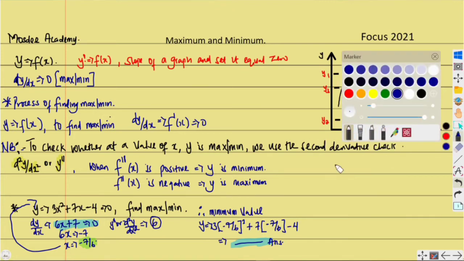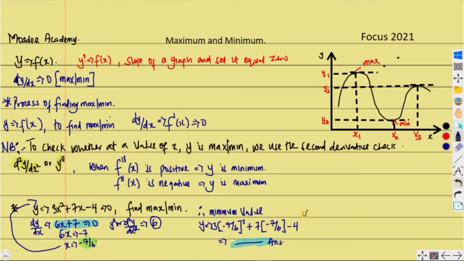So in case the examiner asks for maximum value, you can write that there is no absolute value that exists for x for which y is maximum.